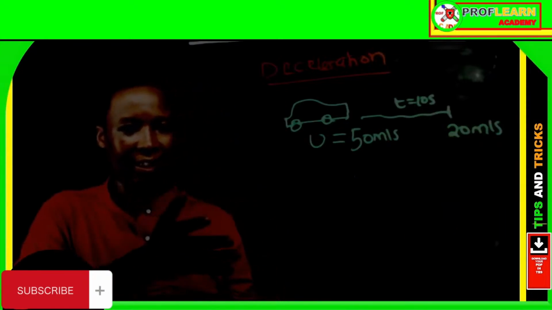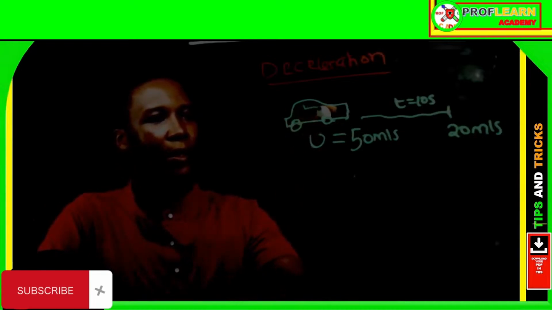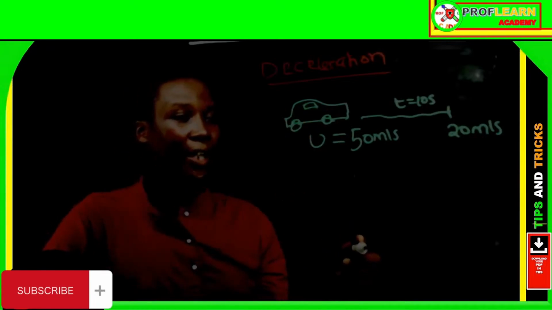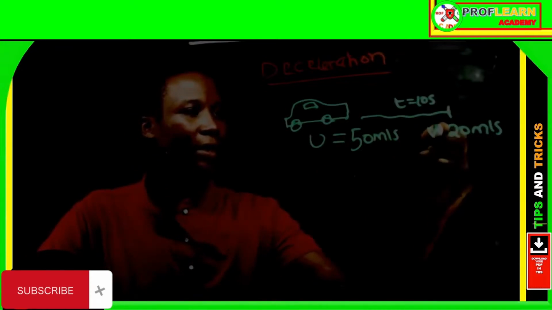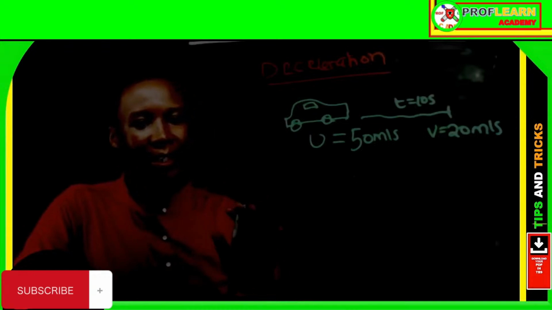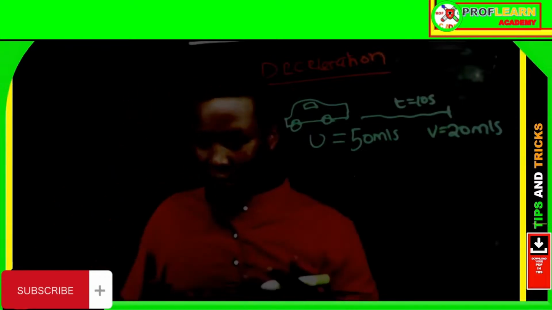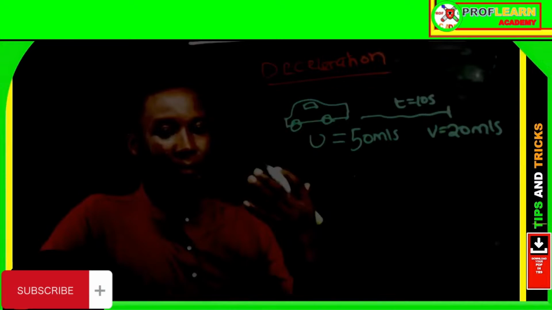Then you are asked to work out acceleration. If you work out the acceleration here, because this car is slowing down, we're going to get a negative value. Because this is initial, this is our final velocity. So when you get a negative value when you are working out acceleration, it will mean that that is deceleration.